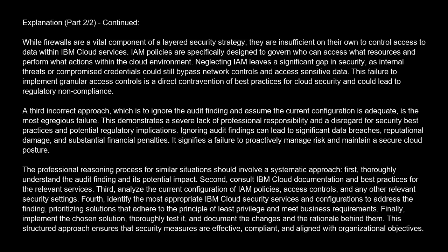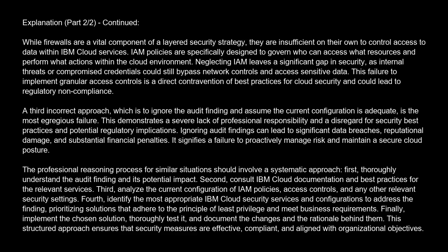The professional reasoning process for similar situations should involve a systematic approach. First, thoroughly understand the audit finding and its potential impact. Second, consult IBM Cloud documentation and best practices for the relevant services. Third, analyze the current configuration of IAM policies, access controls, and any other relevant security settings.